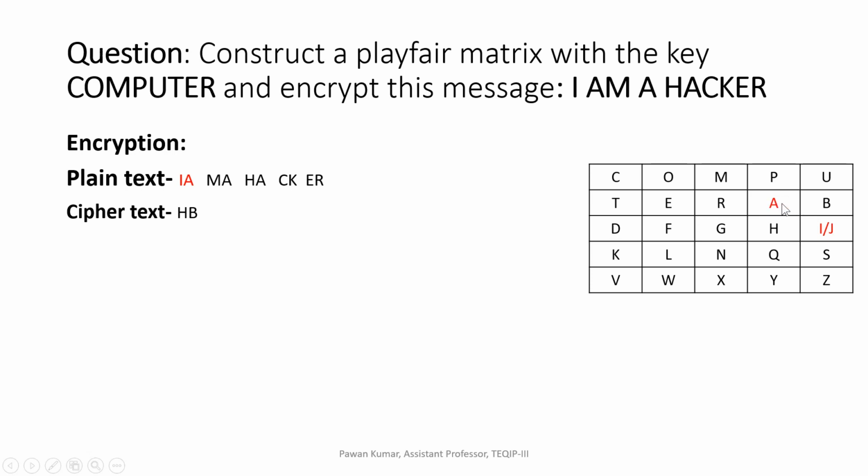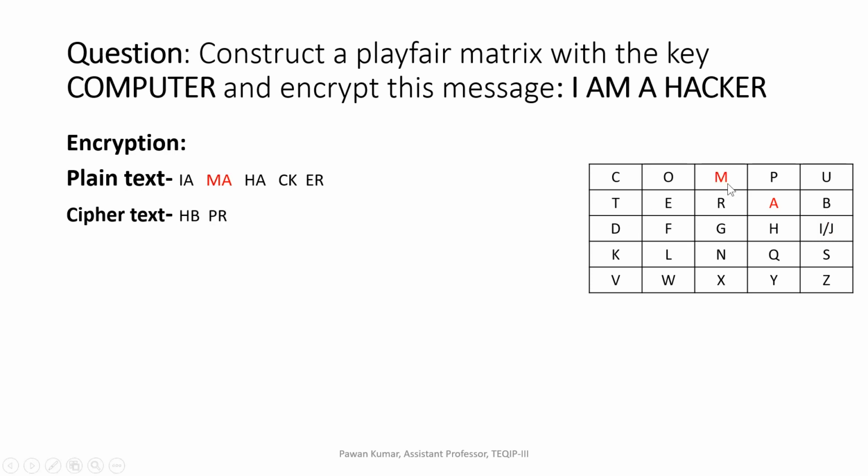First we have to see the replacement of I. The replacement of I will be H, because H is in the same row as I and the same column as A. The replacement of A is B, because B is in the same row as A, and it is in the same column as I.